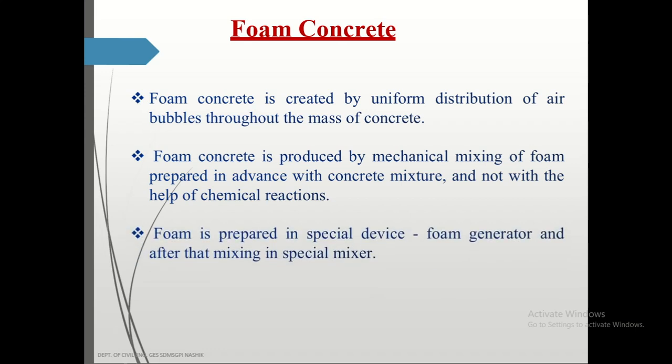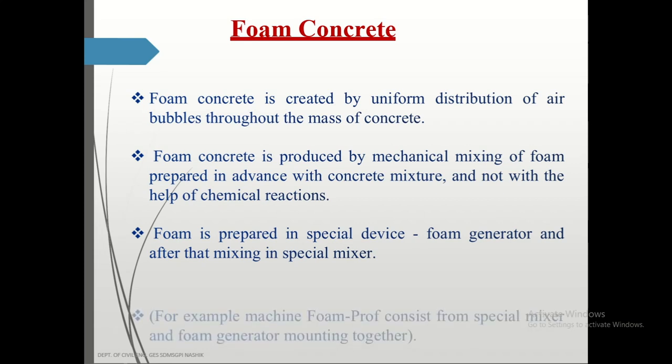This foam is prepared in a special device called a foam generator, and then mixed in a special mixer. So to prepare the foam we need a foam generator, and to mix the foam we need a special foam mixer.